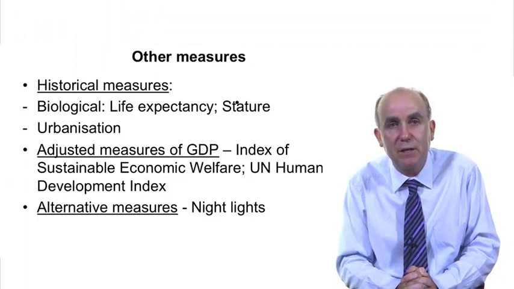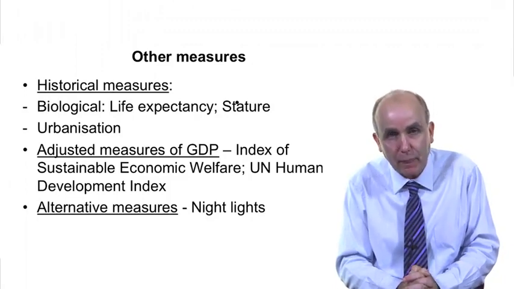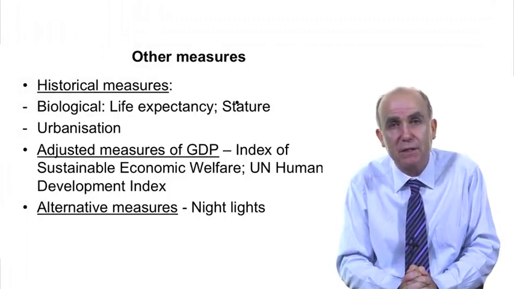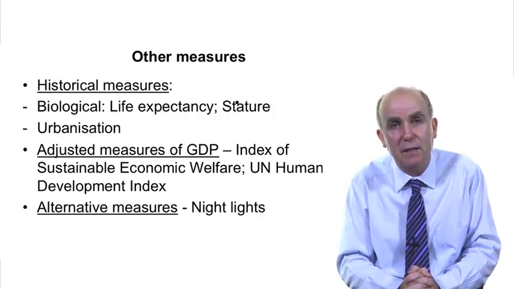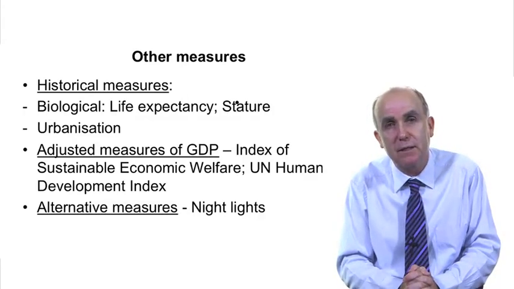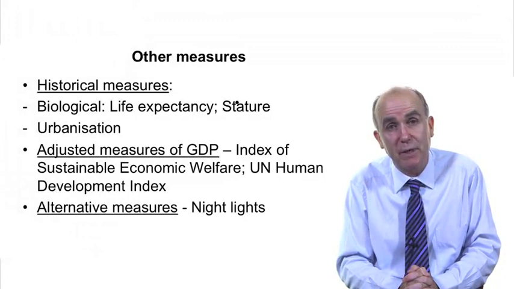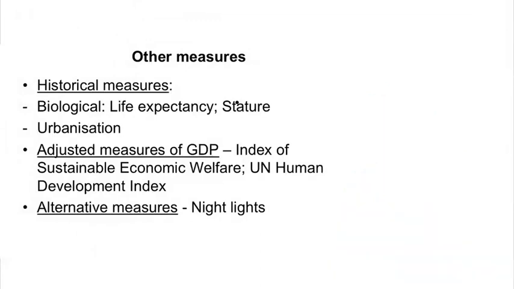A particularly innovative recent approach from Vernon Henderson, an economist at Brown University, and several colleagues has been to use data on night lights as a potential measure of economic development. So Henderson and his colleagues used data from the US Air Force Defence Meteorological Satellite program to map out the pattern of night lights across the world.